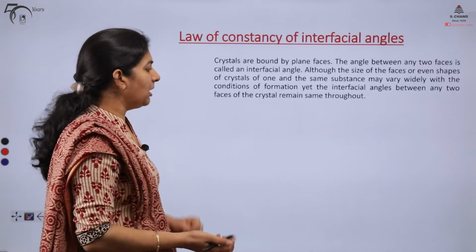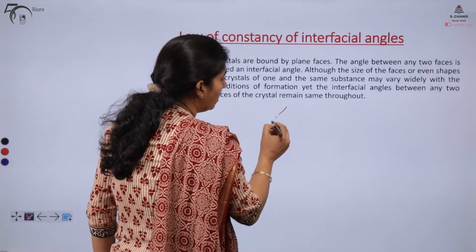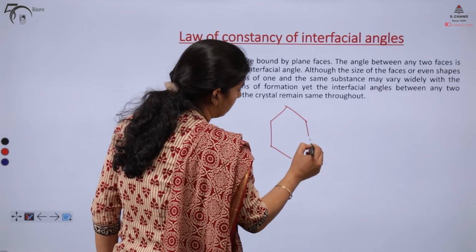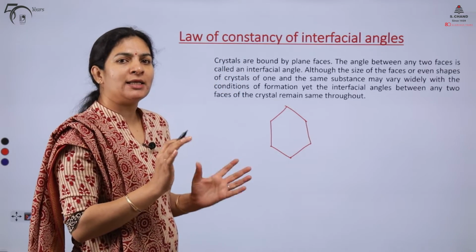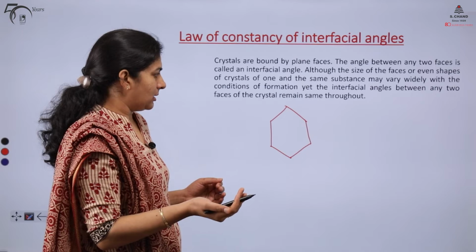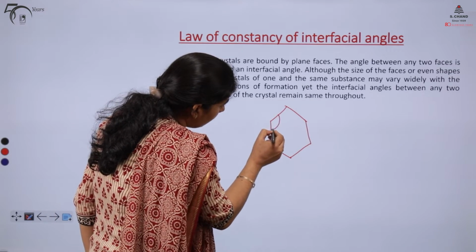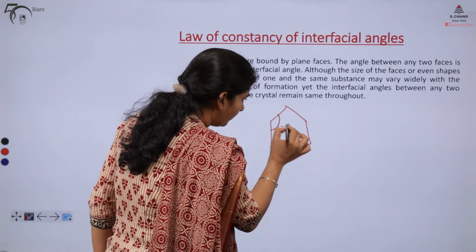What is an interfacial angle? It is the angle formed between any two faces of the crystal. Let us understand this: this is one face of a hexagonal solid, and this is the angle which we know is 120 degrees.